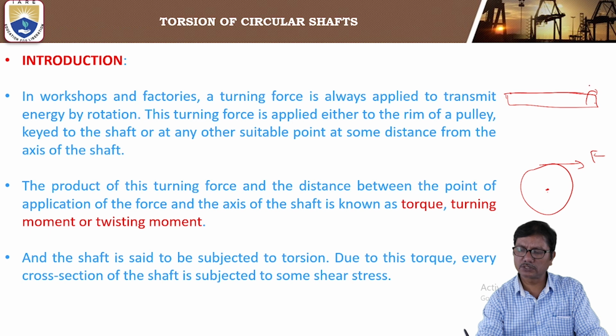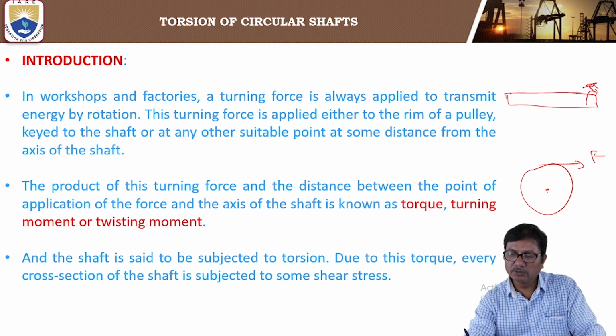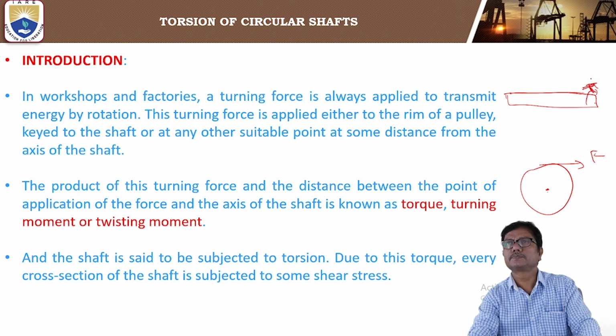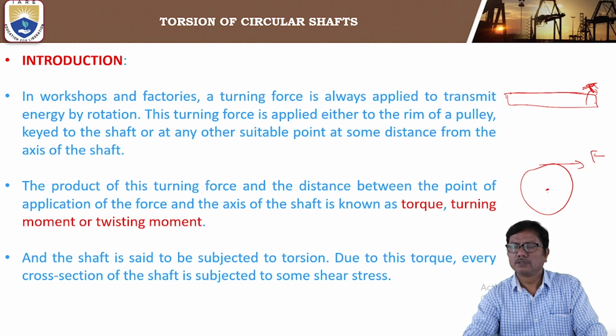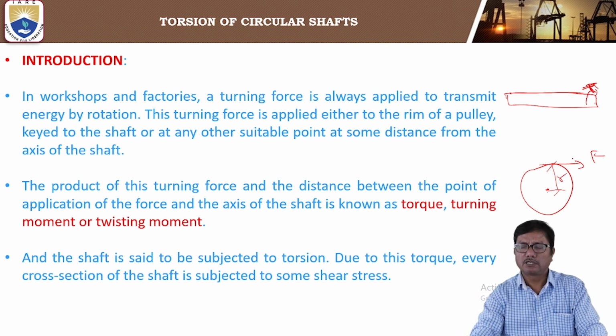The twisting force is applied, which causes a twisting moment. We represent that by T. Here the twisting moment is equal to force into the distance R from the axis.